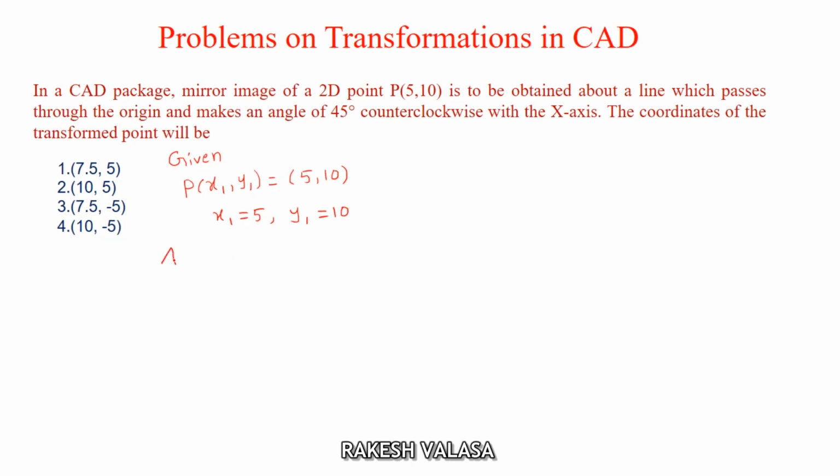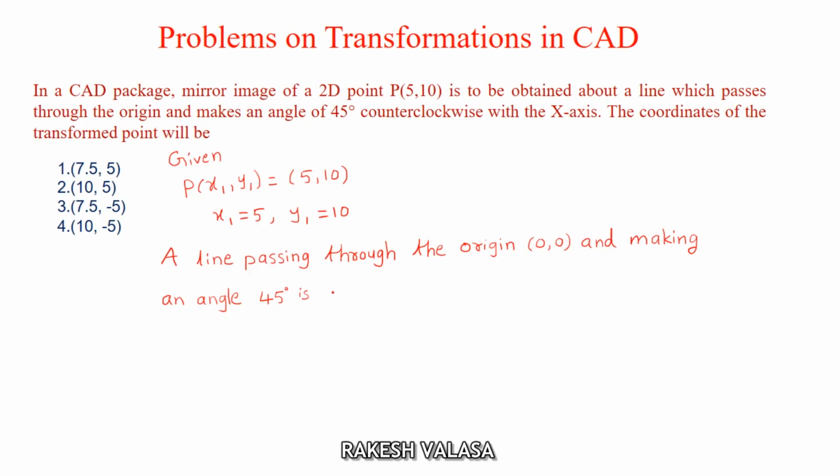And given one more condition, that is a line passing through the origin, origin means (0, 0), and making an angle of 45 degrees is given by: here 45 degrees means x and y are both equal, that means y equal to x.